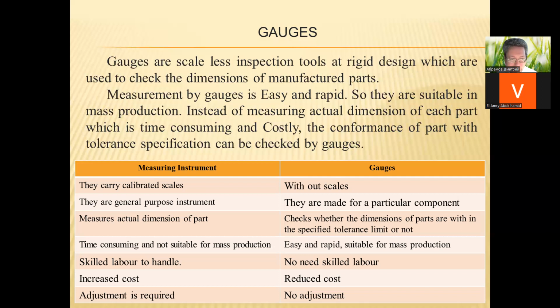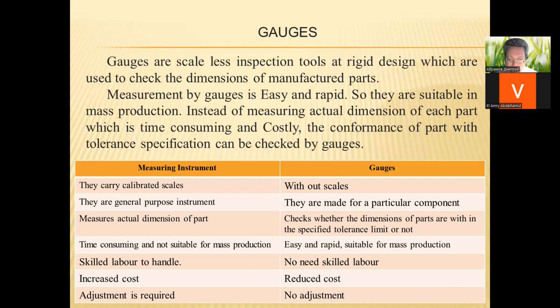Measuring instruments are time-consuming and not suitable for mass production. Gauges are easy and rapid, suitable for mass production. Measuring instruments need skilled labor to handle, and gauges need no skilled labor.